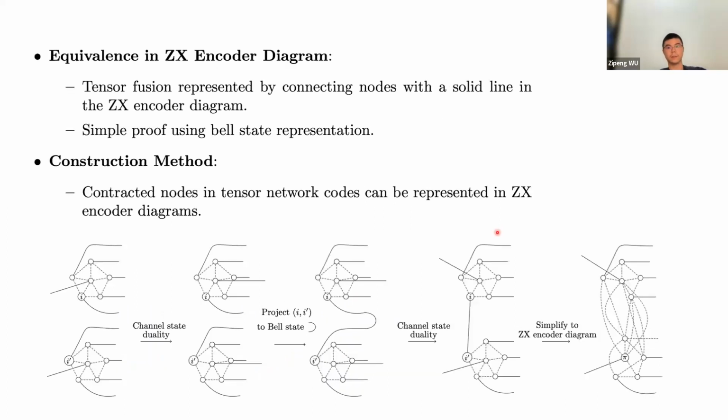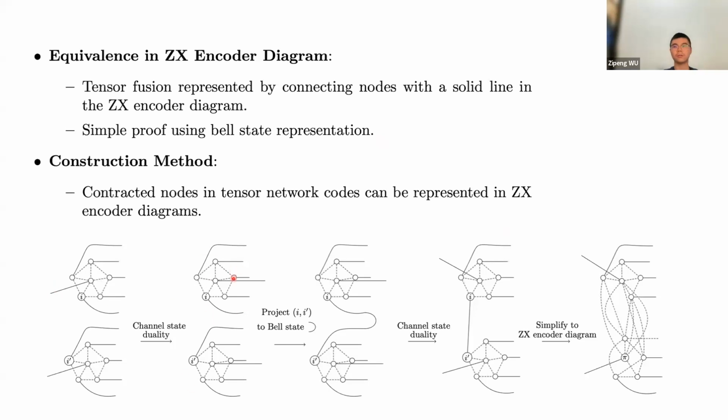So this fusing can be readily understood in the JS encoder diagram, as the projection of I and I prime. As shown in this figure, we are fusing the nodes I and I prime of these two encoders. We first perform the channel-state duality, converting input to output.